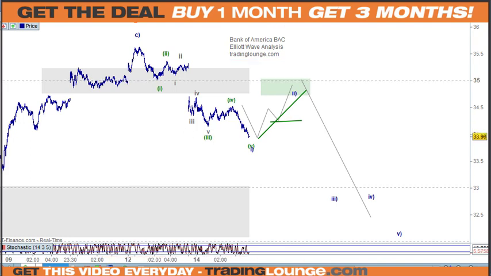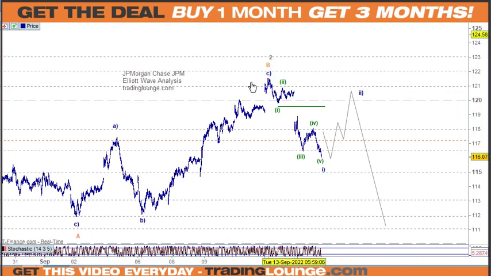So we're on track. And JP is the same as well. We probably don't have that low in here just yet, but it's close. And then we'll look for some sort of corrective rally. It looks like it might be short here anyway, but you might be short in a lot of the stocks. So just depending on things, it might come back up and cover that gap, or may not.